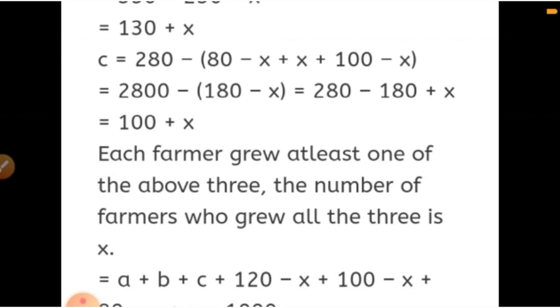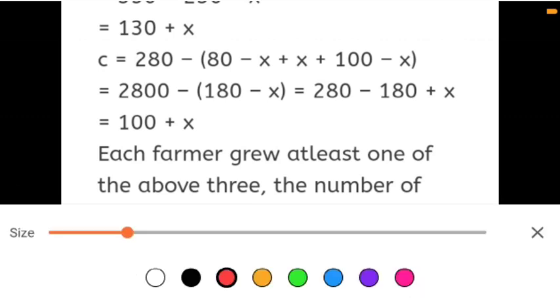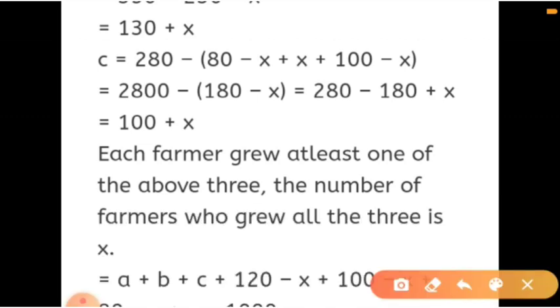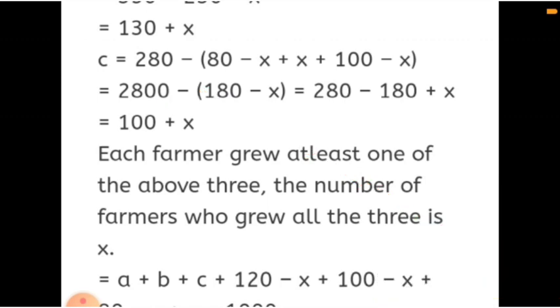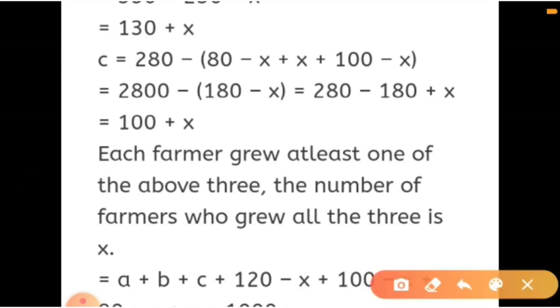That is equal to 280 minus 180 minus x, which is 280 minus 180 plus x. That is equal to 100 plus x.